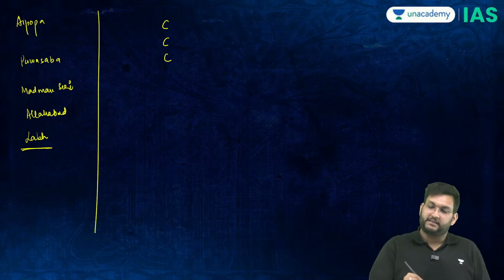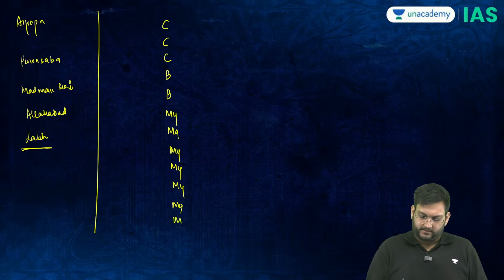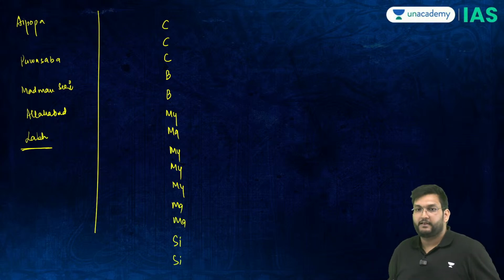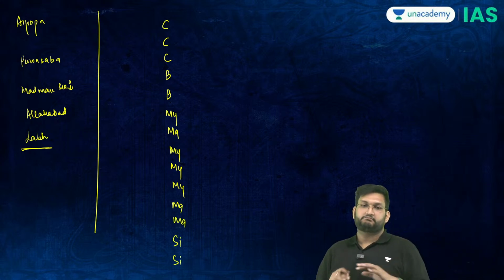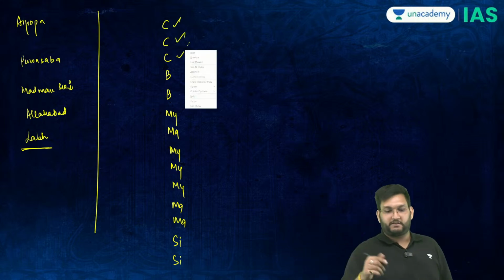C, C, C, B, B, My, Ma, My, My, My, Ma, Ma, C, C. If you can remember this, sorted. First, second, third Carnatic are in sequence.